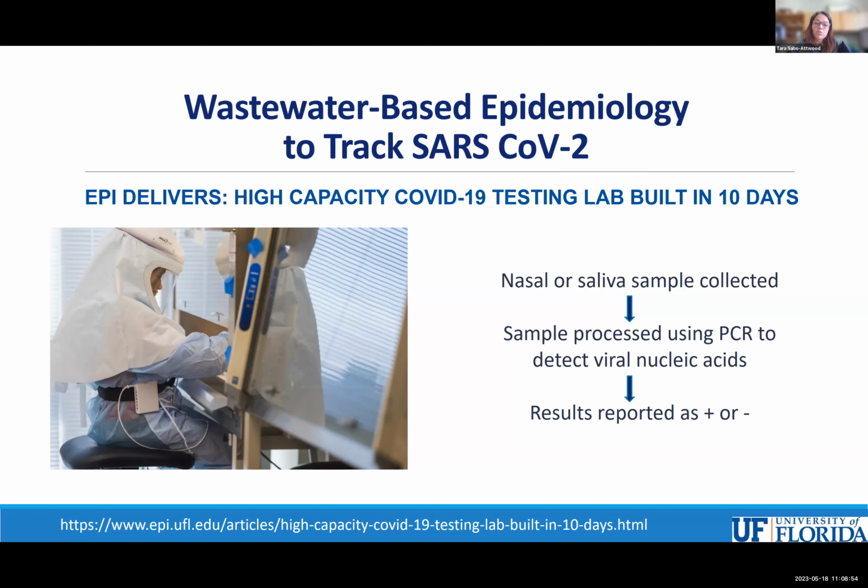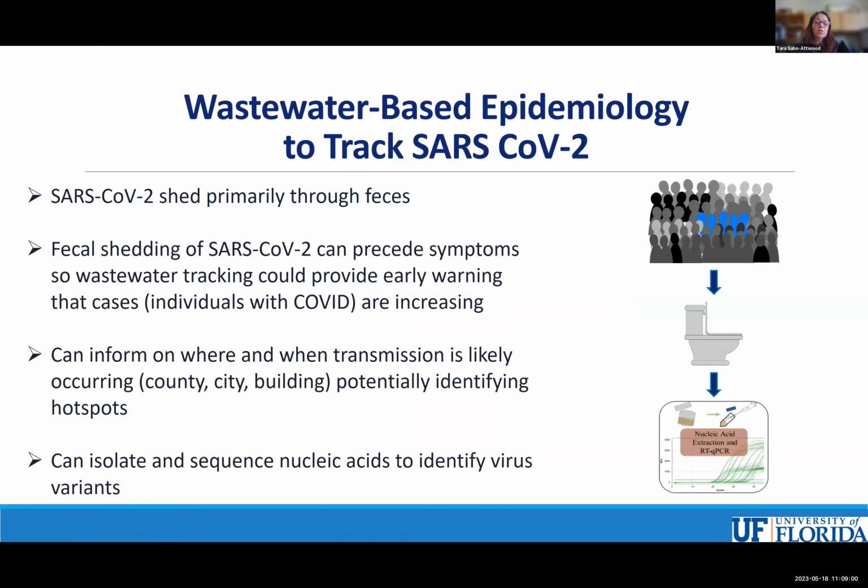But then we soon realized that this technology could be applied to wastewater as well in order to try and track trends of the virus within communities. And it works because of the following reasons. We know that SARS-CoV-2 is shed primarily through feces.